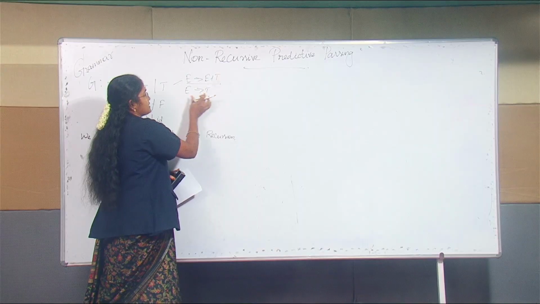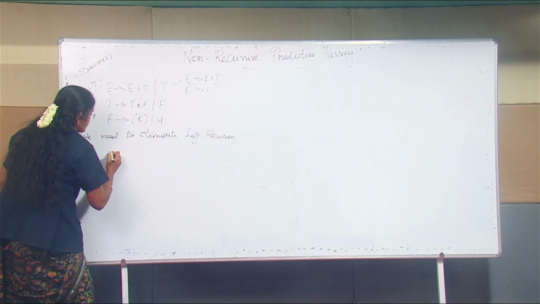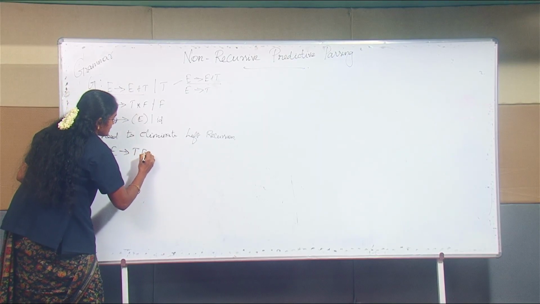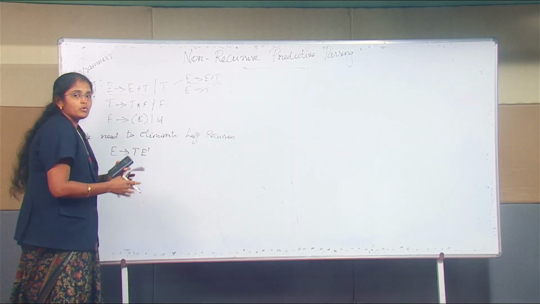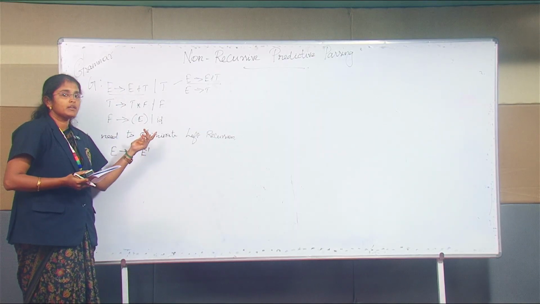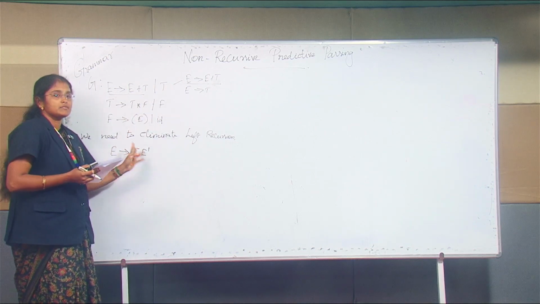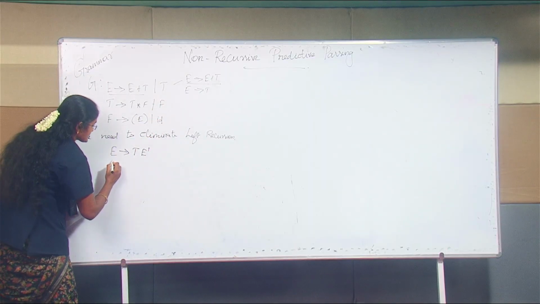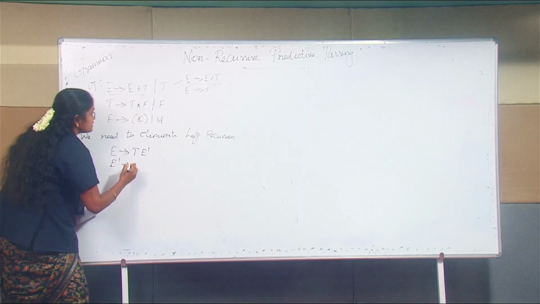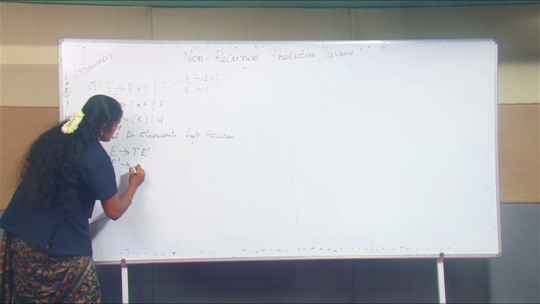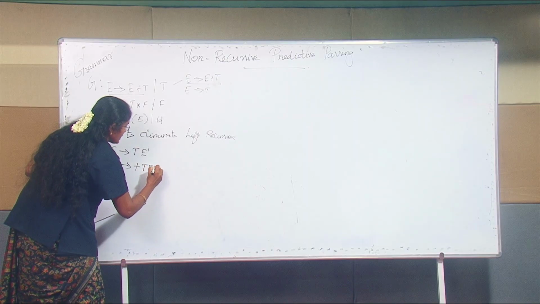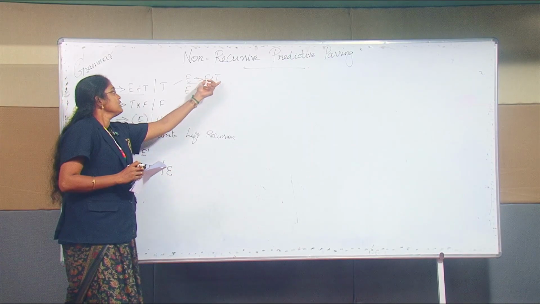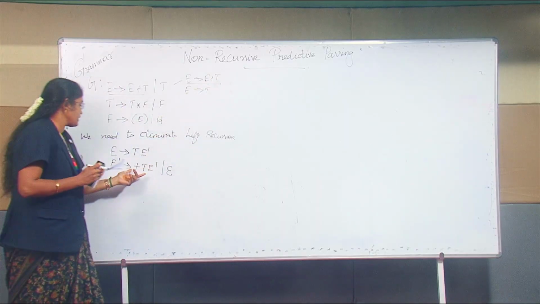For eliminating it, we write E gives T E dash. We use E dash because we are generating a new element in order to avoid the left recursion. For this E dash, we write plus T E dash or epsilon. So in order to simplify this, we are using E dash.